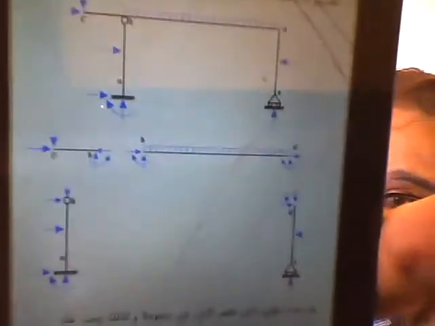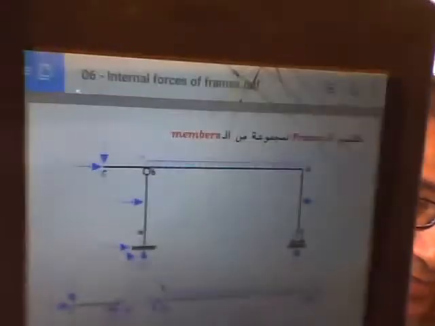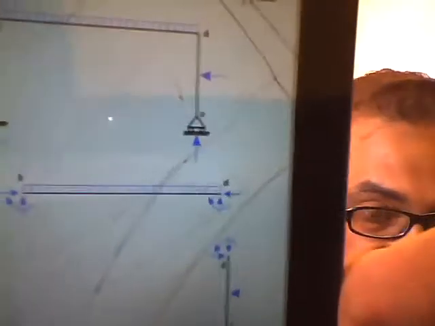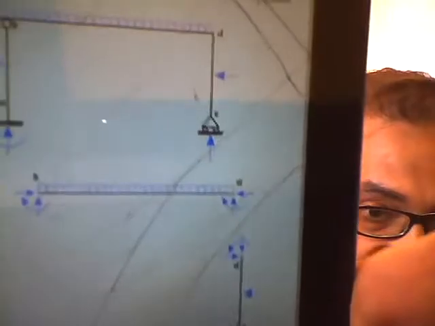So look at this frame, and below we'll see the frame is cut into three members, the top beam and the two columns. The forces in the column and the beam are reflected on the column.